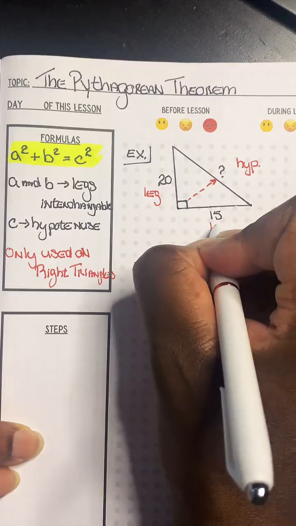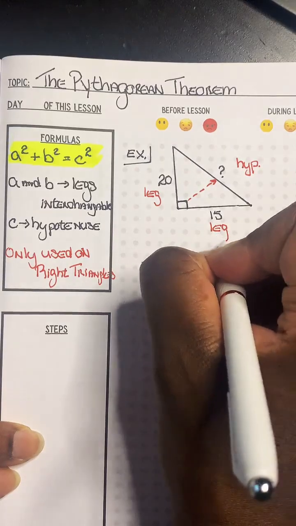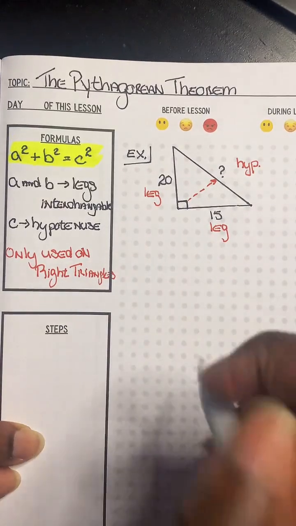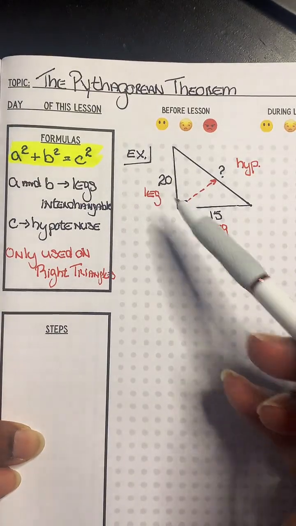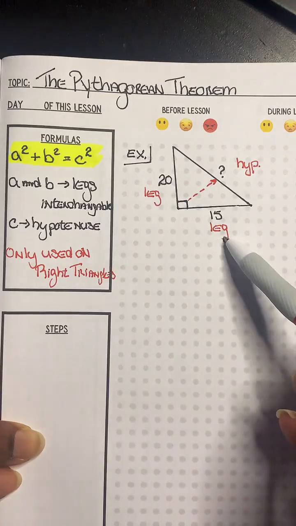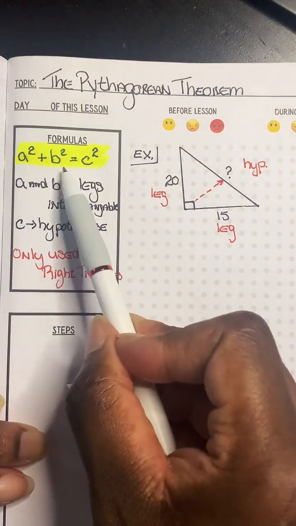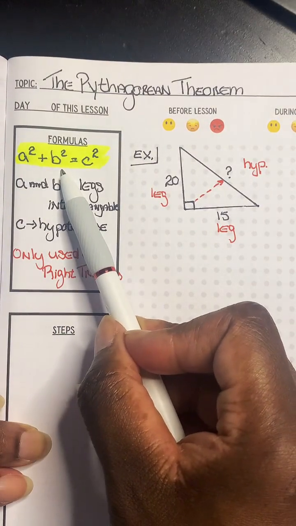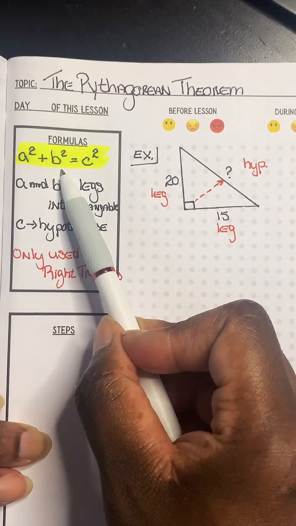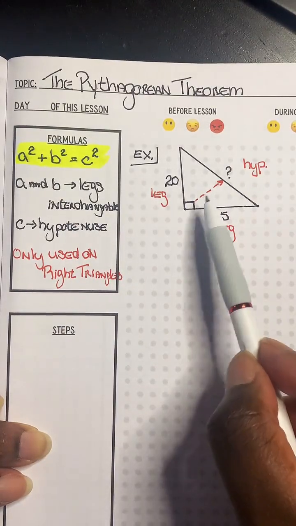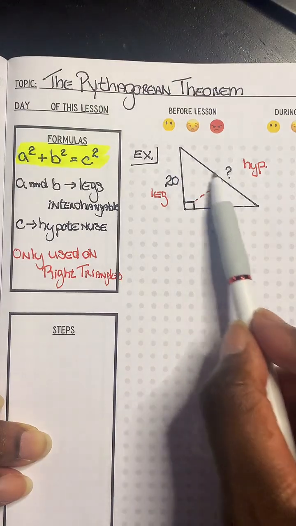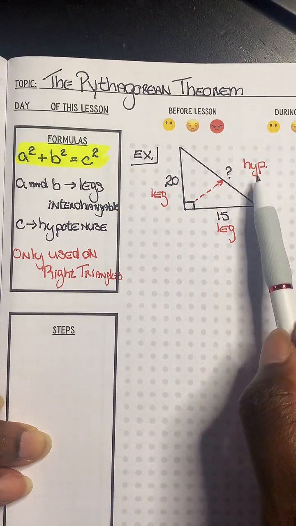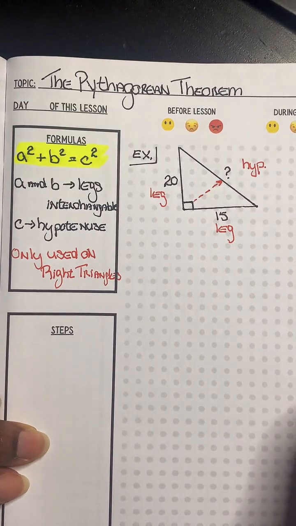You've got two of them, and they're interchangeable. We don't have to have a left side or a right side. It doesn't matter which one represents the A or the B. Either way, the outcome is exactly the same. As long as you know that the side directly across from your 90-degree angle is your longest side, your longest side is called your hypotenuse.